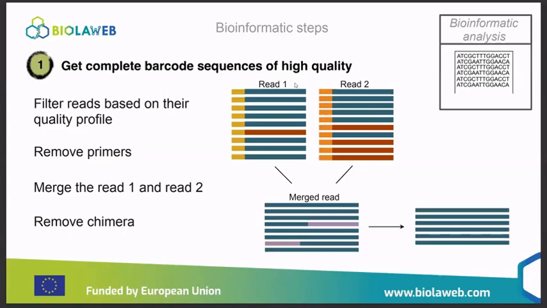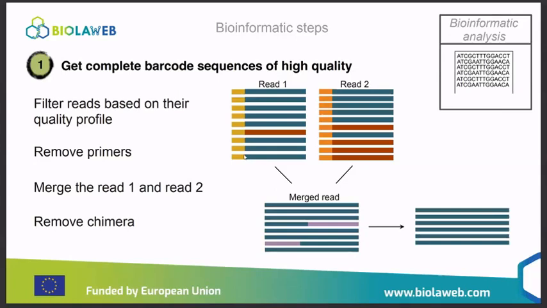So the first step, you just look at the quality profile of the reads that are in the FASTQ files. And if they have a low-quality profile, you remove the reads. Then at this step, you also remove the primers, because you sequenced them during the sequencing, so it's not truly part of the sequence.